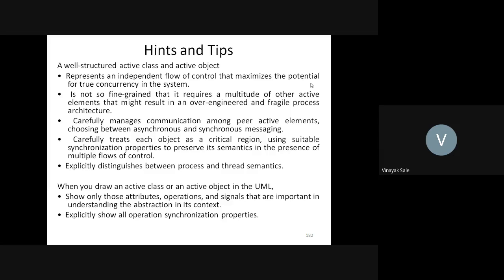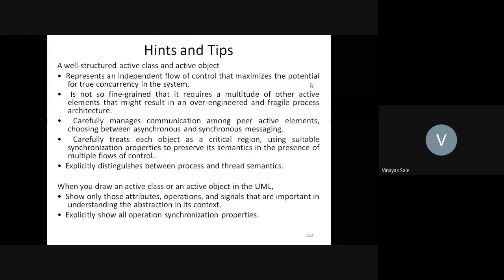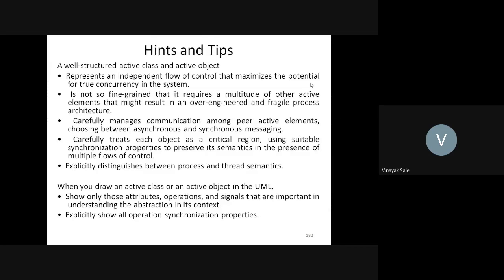Carefully consider message communication among peer active elements, selecting between asynchronous and synchronous messages. Carefully treat each object as a critical region, using suitable synchronization properties to preserve semantics in the presence of multiple flows of control. Explicitly distinguish between process and thread semantics.